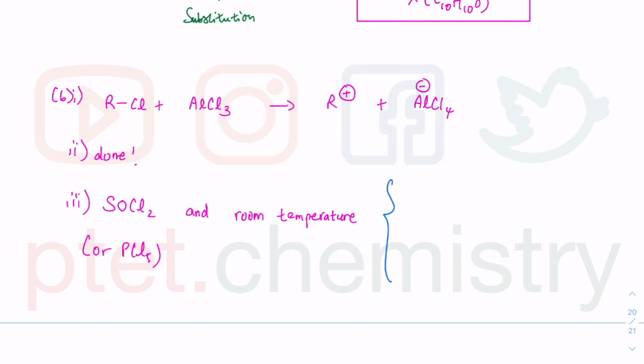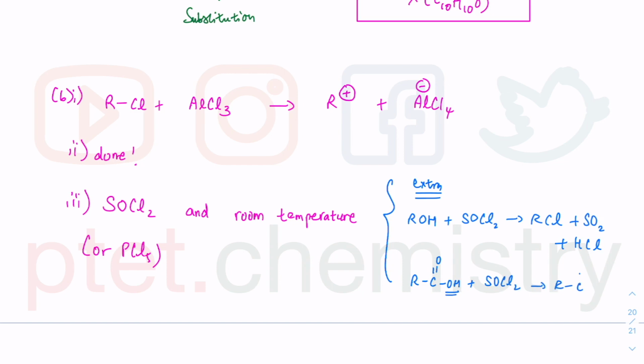In terms of the equation, these are the extra thing from AS. When you have ROH and you have SOCl2, the ROH will get converted to RCl. You will kick out SO2, you will kick out HCl. So you can imagine when you have carboxylic acid, you're going to do the exact same thing with the OH.